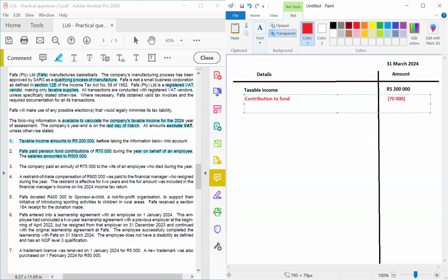Now, salaries are also incurred in the production of income. If you think of this logically, when you employ employees to work for you, you are trying to make income for that business. So salaries are incurred in the production of income, so we would also deduct them.